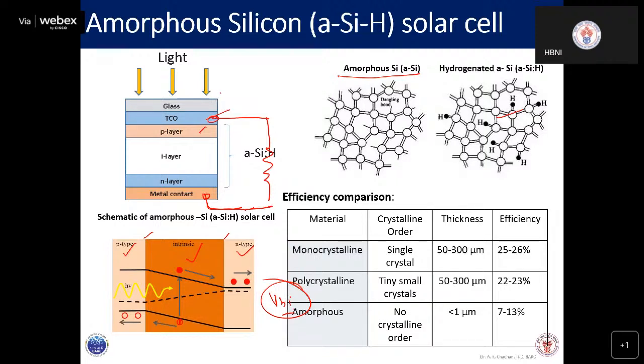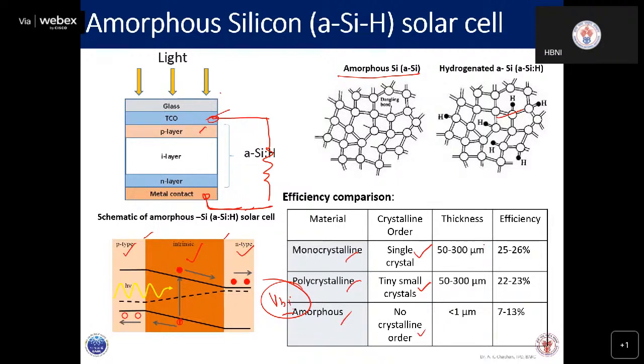So just to see a comparison between monocrystalline, polycrystalline, and amorphous solar cells. As far as the crystalline order is concerned, monocrystalline has single crystals, and polycrystalline has tiny small crystals, but amorphous has absolutely no crystalline order because it is amorphous.